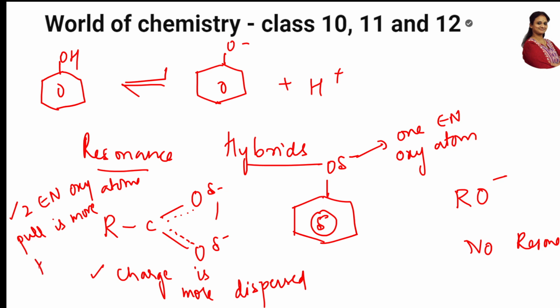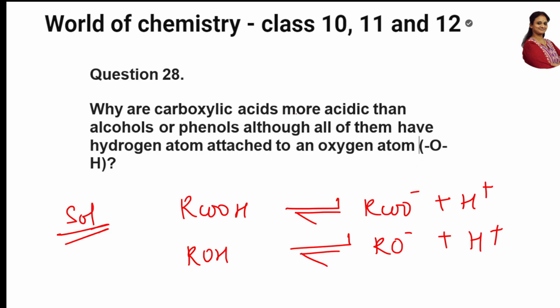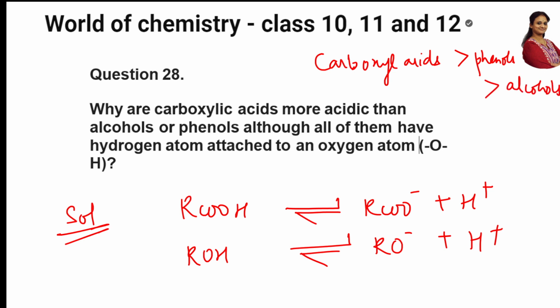That's why H plus release is easy. Easily I can release H plus. Correct? So you're going to come back and write carboxylic acids are more acidic than phenols. Then phenols are more acidic than alcohol.